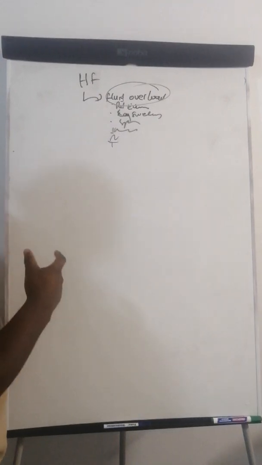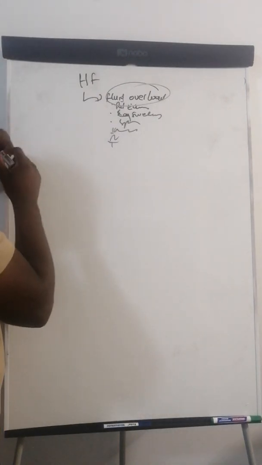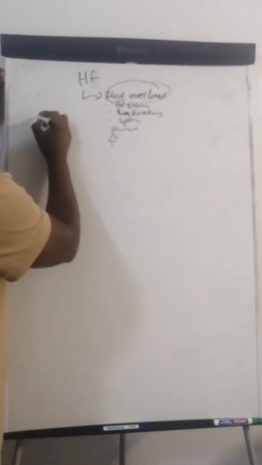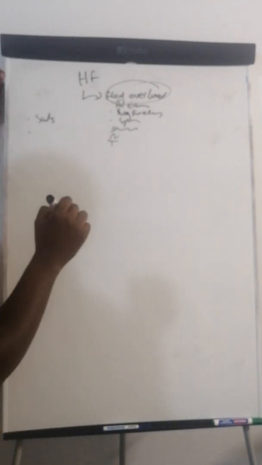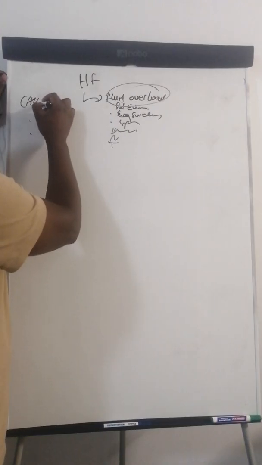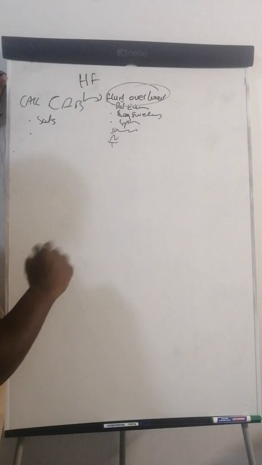So when a patient comes in with heart failure, what you want to quickly check is, yes, they are fluid overloaded, but what are their sats? Remember, with medical emergencies, we follow the call-a-cab approach. You will call everyone to come and assist you.